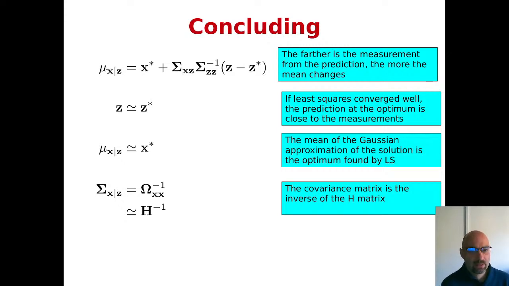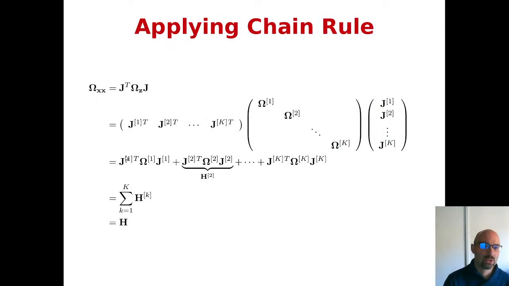Because, well, if I have a measurement which has dimension 1 and I have a state which has dimension 10, each time I integrate a measurement in my machinery, I add to the H matrix a contribution in the form J transpose omega J. But J, in this case, will be 1 by 10. So a matrix which is 10 by 1 because it's transposed, multiplied by a matrix which is 1 by 1, because this is the size of the measurement, and multiplied by a matrix which is 1 by 10, I get a matrix which is 10 by 10, which is consistent with the dimension of H.